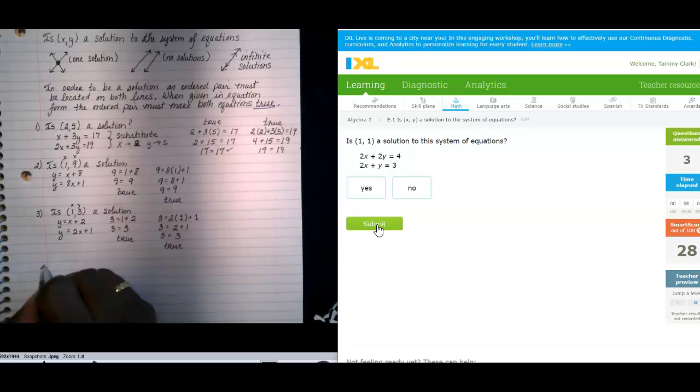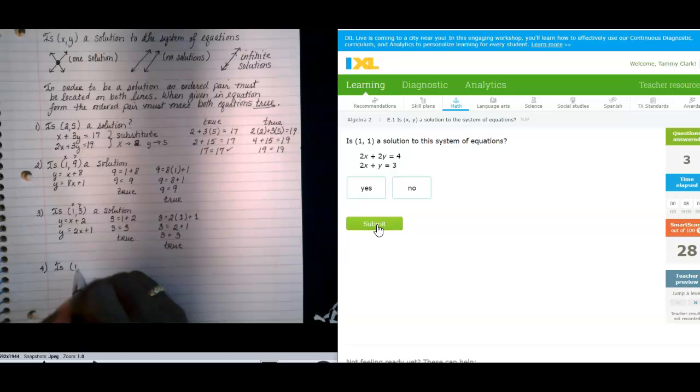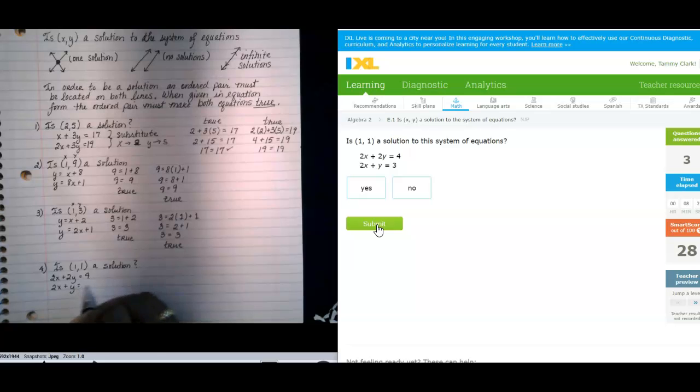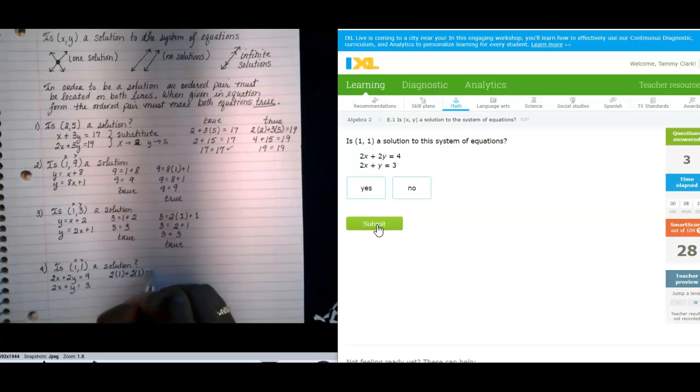Number 4, is (1, 1) a solution? So we've got 2x plus 2y equals 4, and 2x plus y equals 3. Again, this is x and this is y. So I substitute 2 times 1 plus 2 multiplied by 1 equals 4. 2 times 1 is 2, plus 2 times 1 is 2 equals 4.